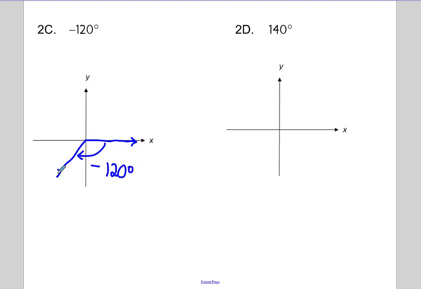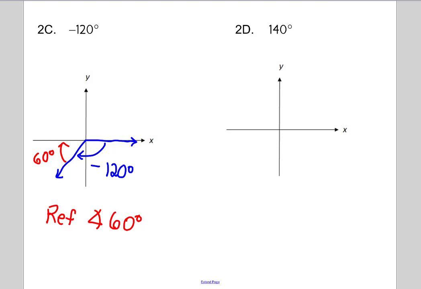And our reference angle is going to be the measure from the terminal side back to the x-axis. So that reference angle is going to look like 60 degrees. The reference angle, 60 degrees. Notice I don't have any positive or negative rotation on the reference angle.